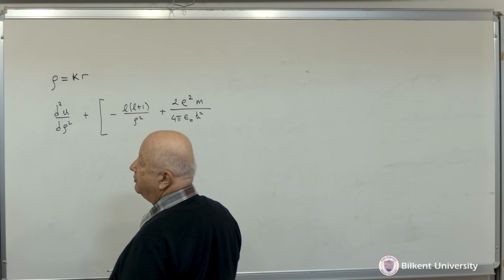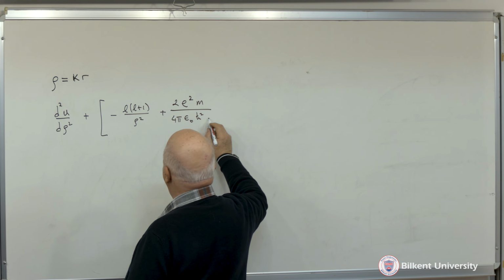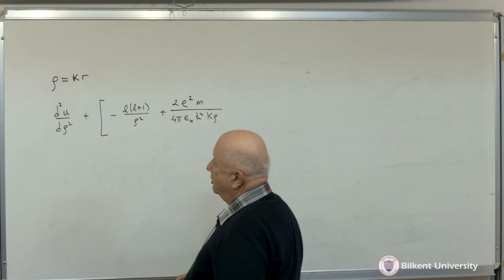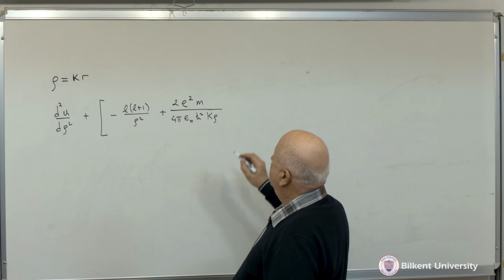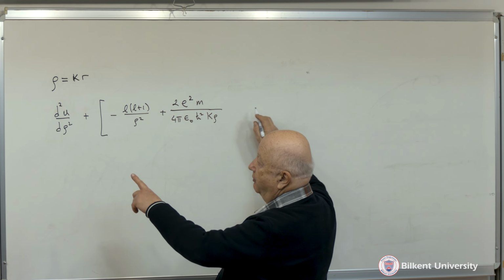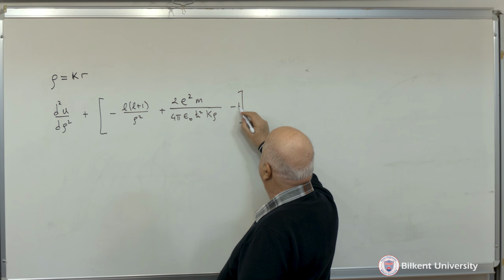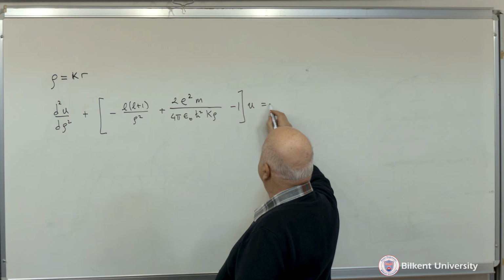Please check my algebra. k times r is just one factor of rho, so I have a k rho. And if I move the other u to this side, it's going to be a minus 1. U is 0.